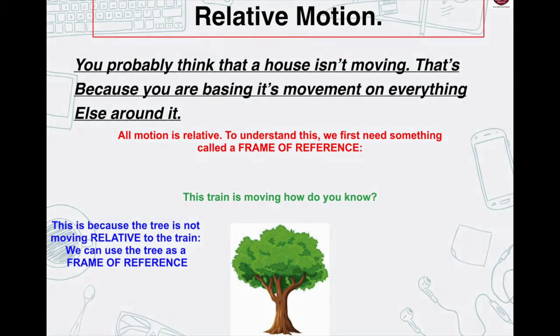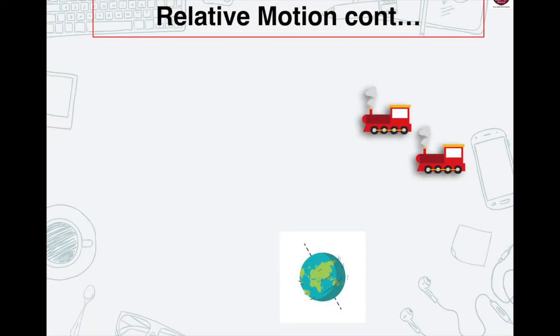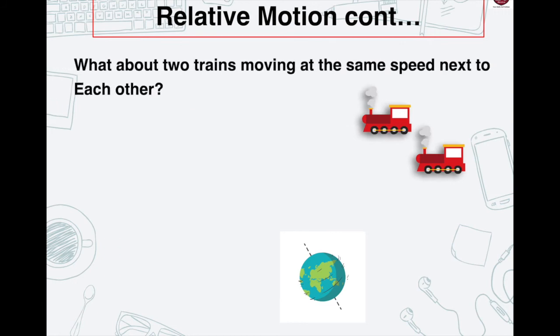However, it gets a bit more complicated. Now these two trains here are moving. I want you to imagine they're moving along a track right now, but they're moving at the same speed right next to each other. So they're moving at, let's say, 50 kilometers an hour, both of them. Now we don't have any frame of reference here, so as they're moving we can't see that they're moving, can we?